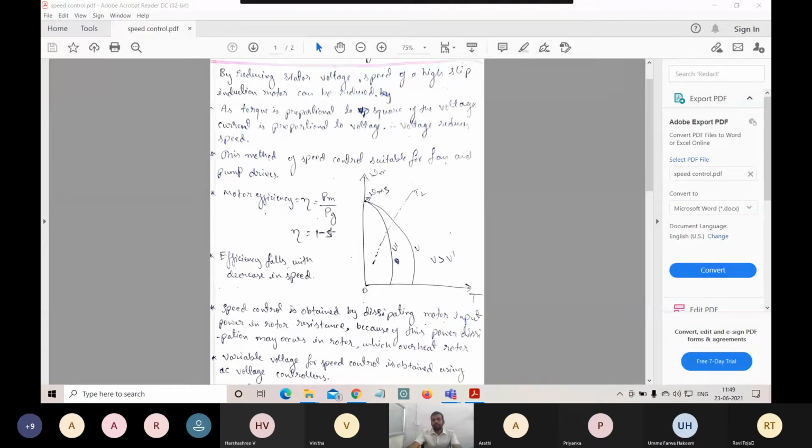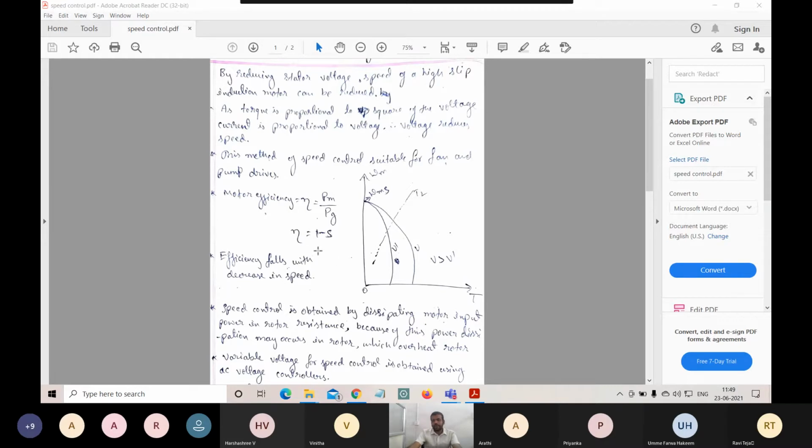If you want to use angular speed, then it is 1 minus S times the synchronous speed. That is the formula we derived, the relationship between slip and speed of an induction motor.